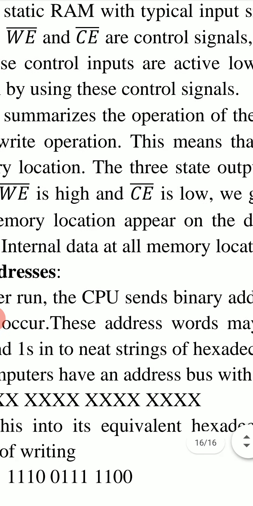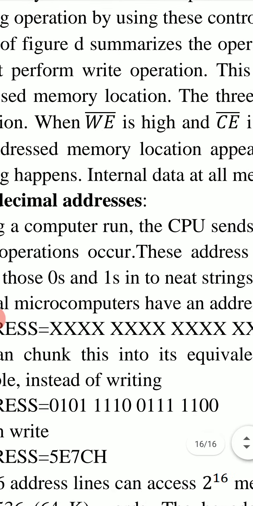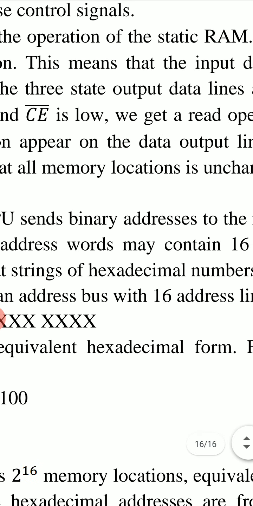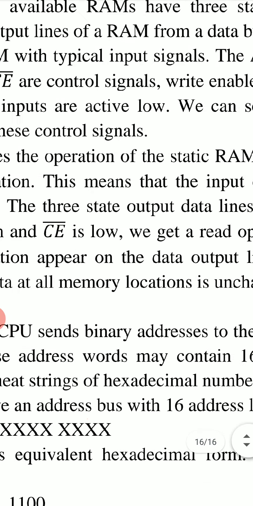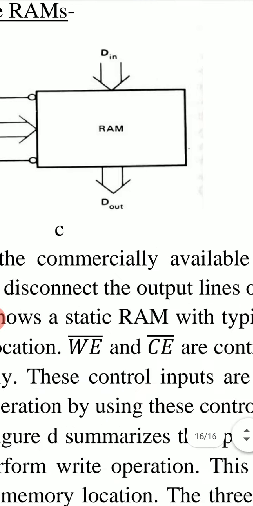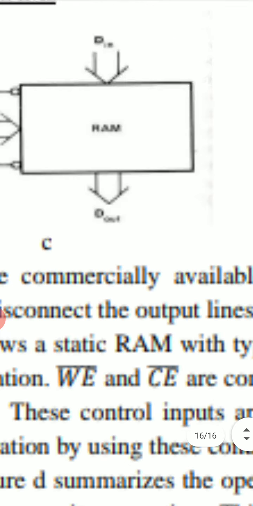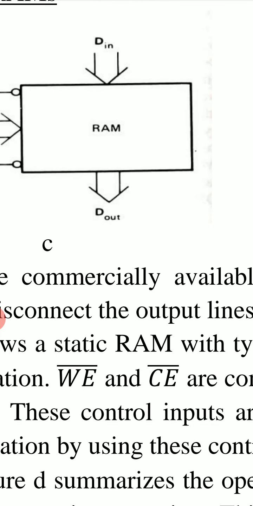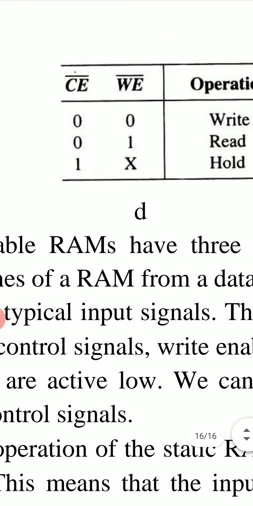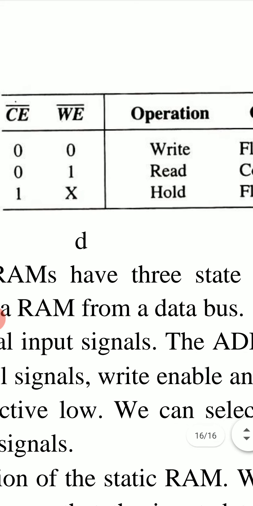The contents of the addressed memory location appear on the data output lines. In this case, the content of an addressed memory location is shown in this output line D out. This is shown in this table also.